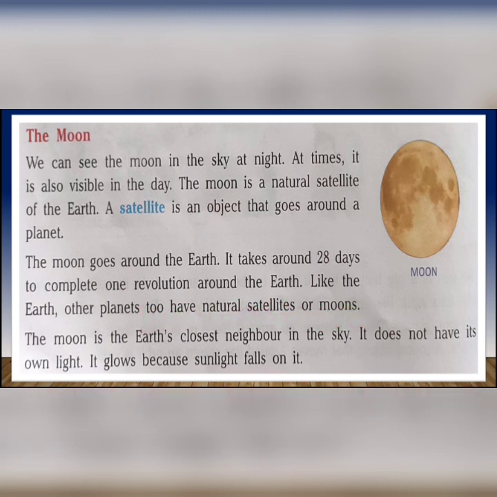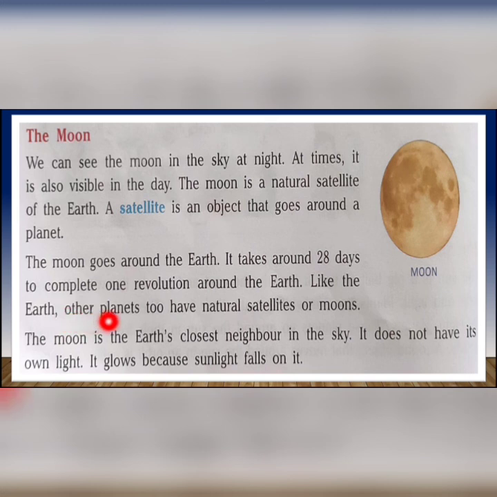So natural satellites can be called moons also. Okay. And the moon of our Earth takes around 28 days to complete one round, which can also be termed as one revolution around our Earth.